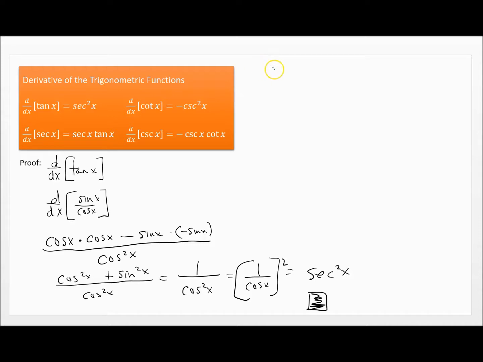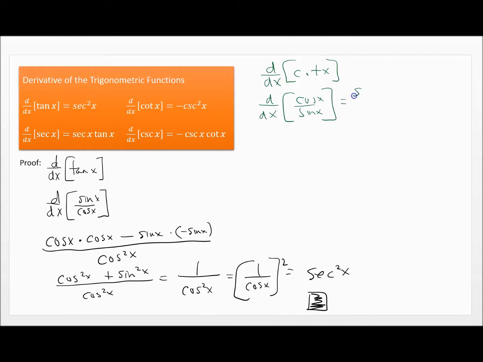So if I'm going to do the derivative of cotangent of x, then I would start with the definition of cotangent using the quotient property or the quotient identity. That's going to be cosine of x over sine of x. So this is going to work very similar to what we just did. I'm going to use the quotient rule again, low d high minus high d low over low squared.